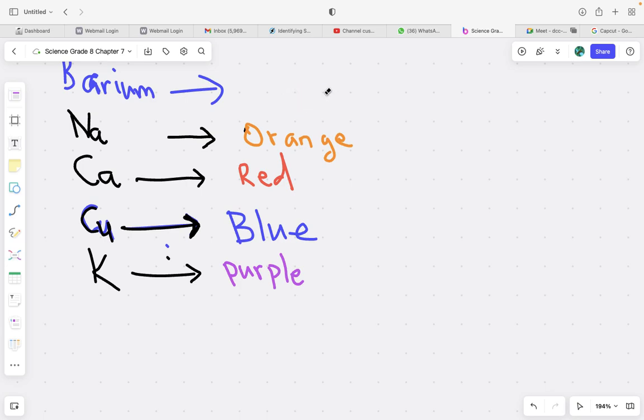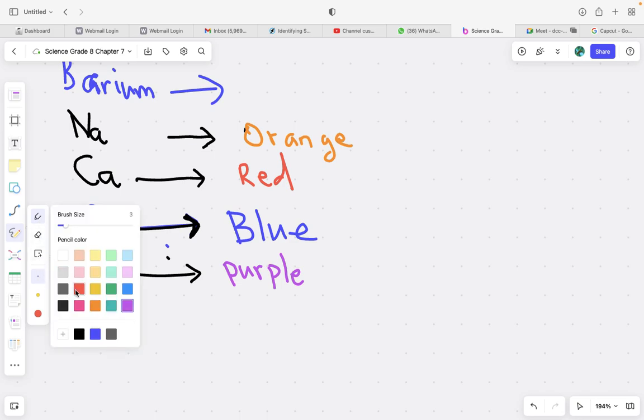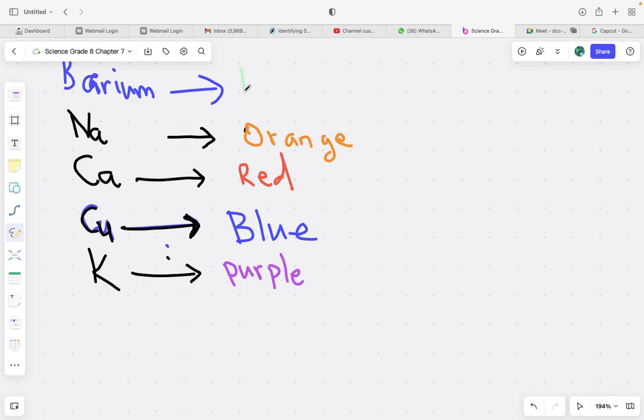Barium is green. Is it lime green or we just say green? Lime. Okay, barium is lime, or lime green.